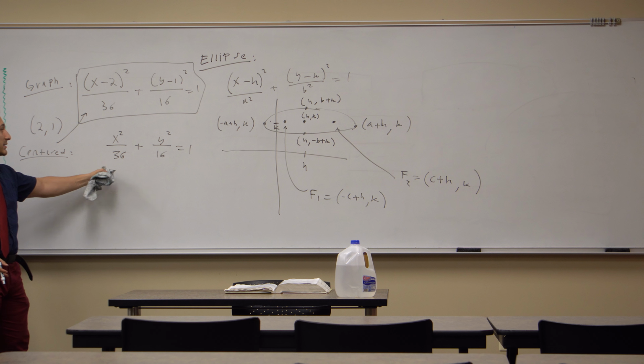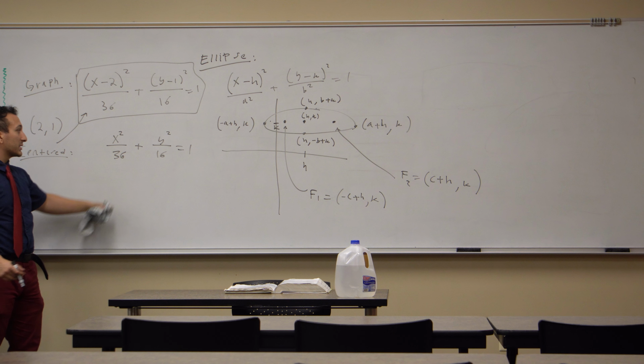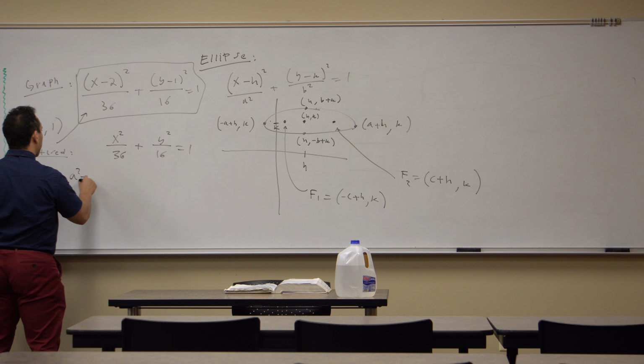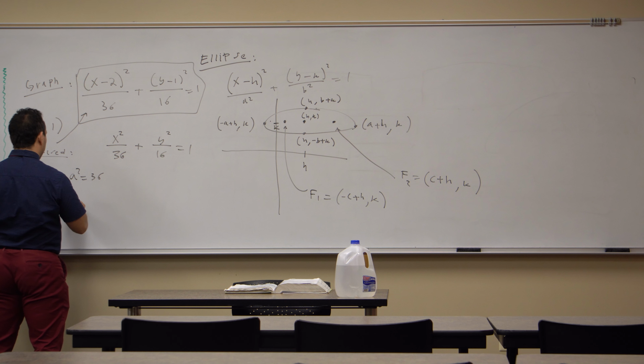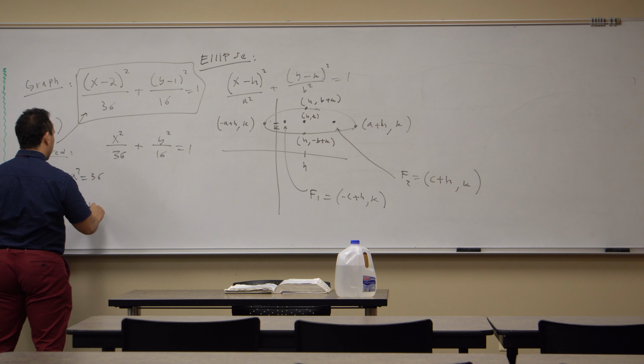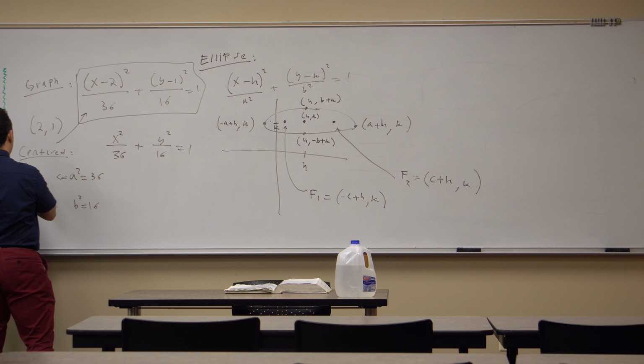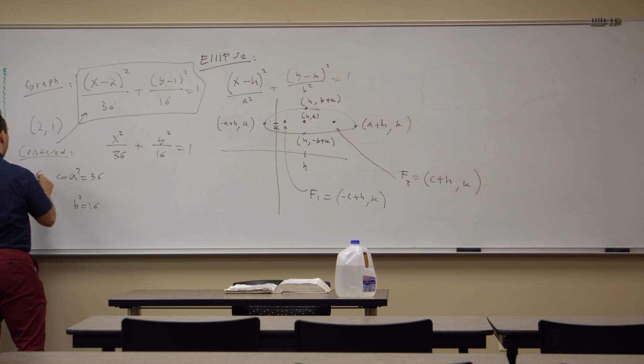Now it's clear that this is an ellipse. Looks like 36. a squared is 36. Looks like 16. b squared is 16. This implies that a is equal to plus or minus 6, and this implies that b is equal to plus or minus 4.